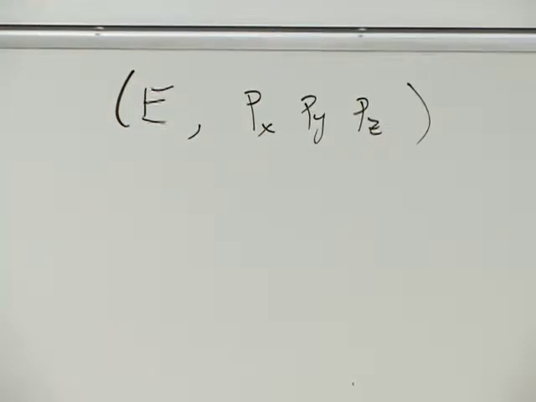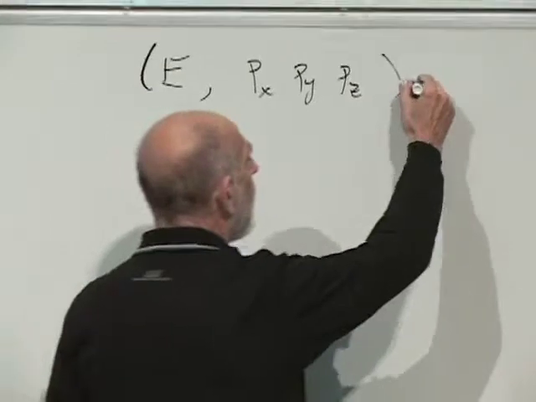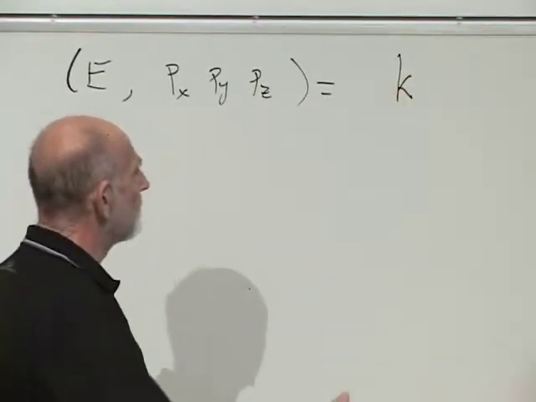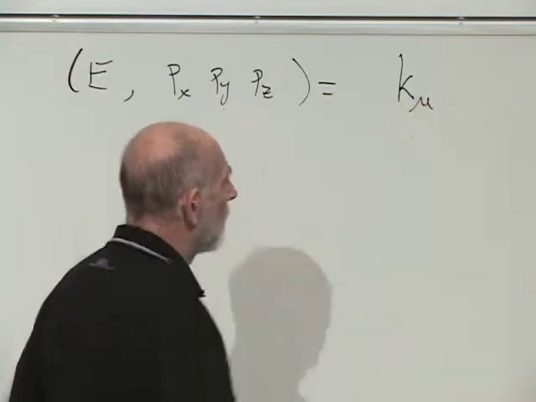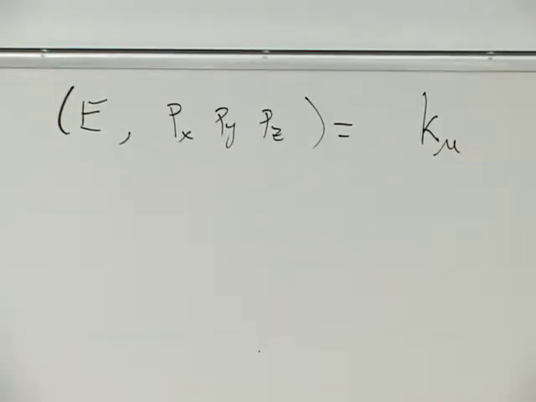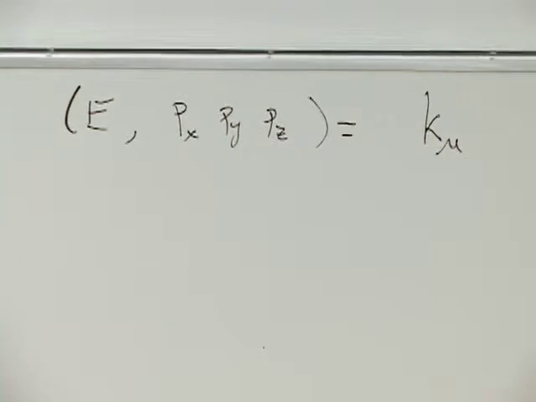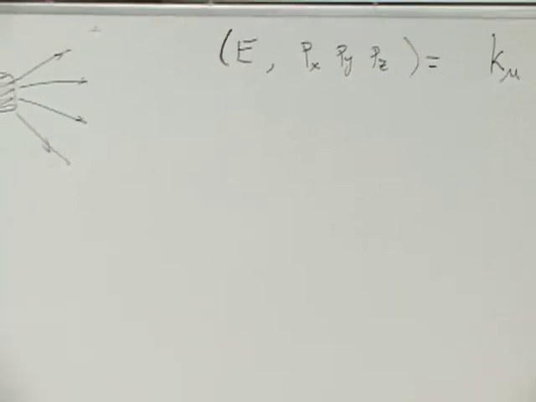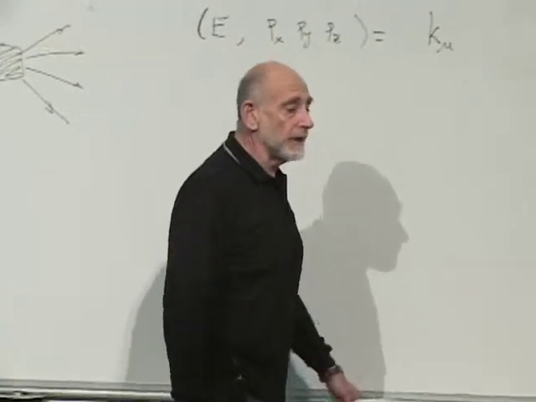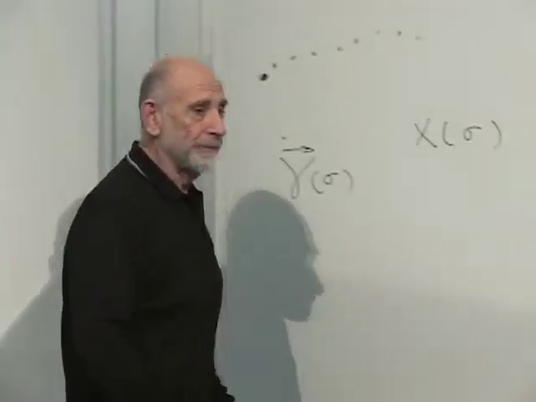Each particle has a momentum, and we're going to call it K mu, where mu goes from 0 to 3. This is usually called 0, 1, 2, 3, doesn't matter. 4 components of momentum. Now, what do we know about the components, the 4 components of momentum of a particle?